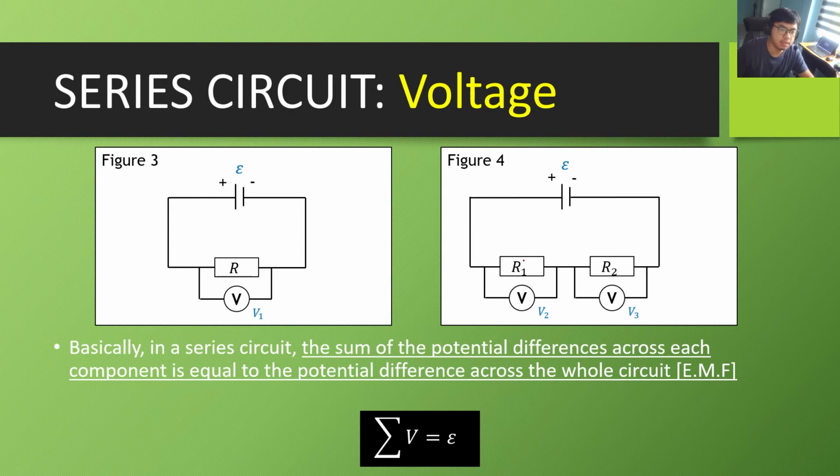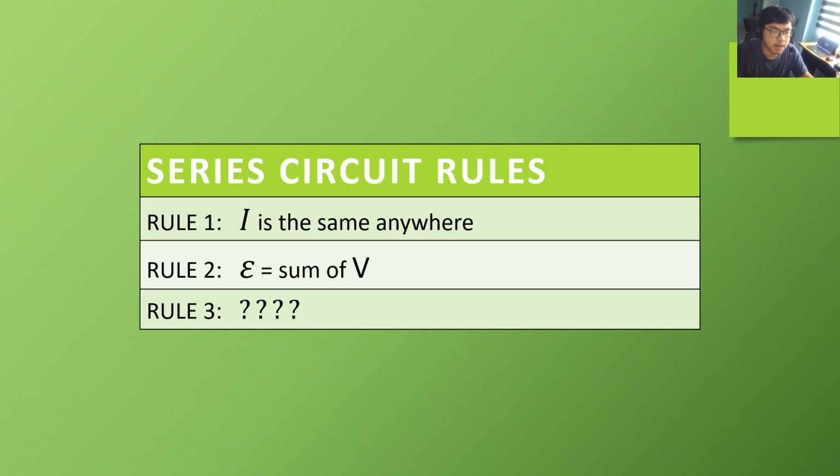So the sum of the potential difference of each component will always give you back the EMF of the circuit. If you have another resistor here, for example, and you add that, all of that will give you the EMF. So to summarize, these are the series circuit rules.